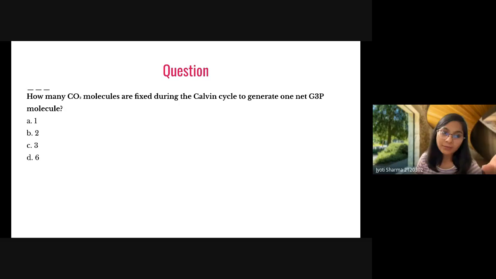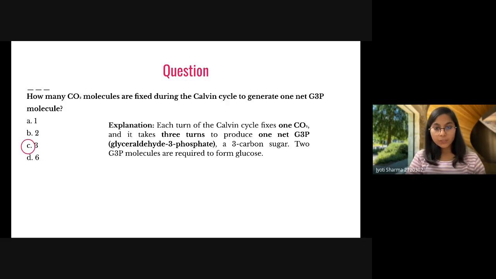In the Calvin cycle we take a lot of CO2 molecules so that we can generate one net G3P molecule. Not B, but it should be C. We need three carbon dioxide molecules to generate one net G3P molecule.